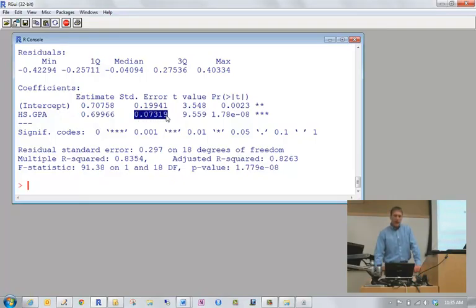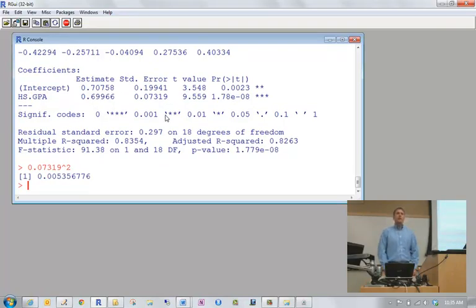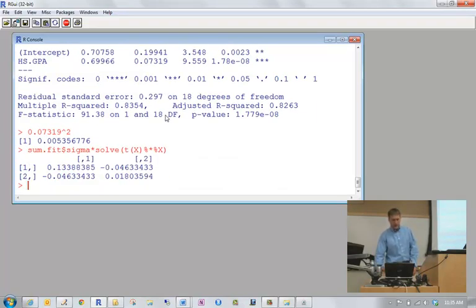Here's where I have the square root of the estimated variance of B1. Here's the estimated variance of B1 itself. Compare that to this little matrix that I had just found.